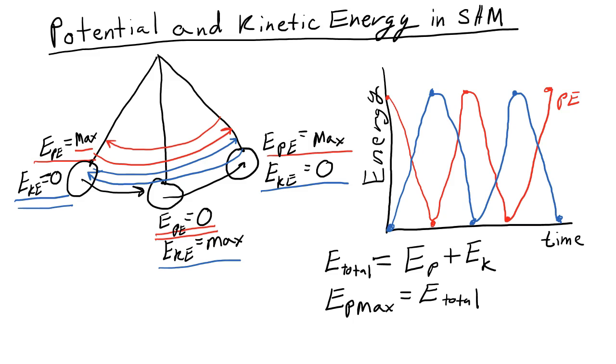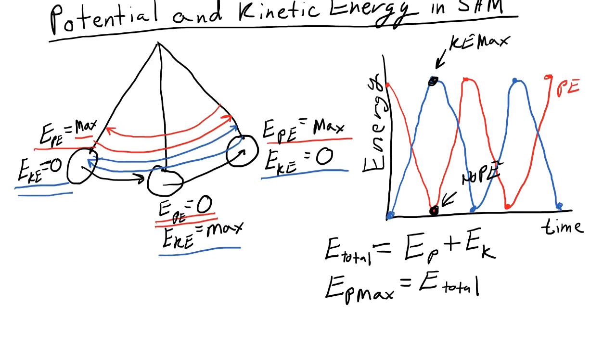At this position here, our kinetic energy is at maximum and there's zero potential energy, so the energy of the system is all in the form of kinetic energy. When the potential energy is max, it equals E total, and the same thing is true when the kinetic energy is at its maximum. It also equals E total, because all of the energy is in that form at that position.